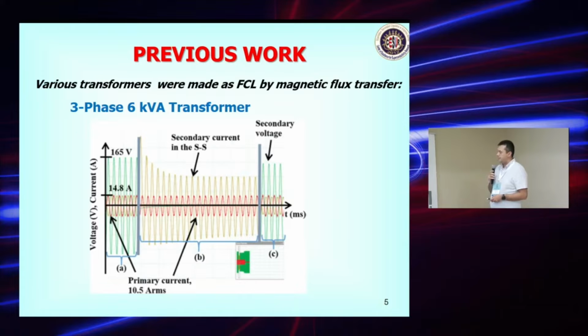And the FCL property we can see here from the previous work. This is the starting point of the short circuit, and this is the secondary current in the secondary side of the transformer, and it is reducing.